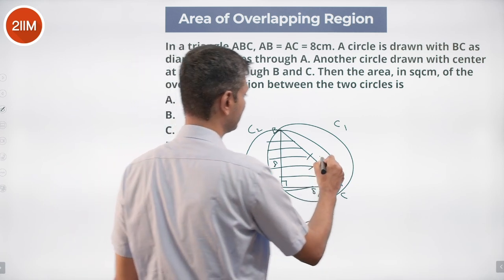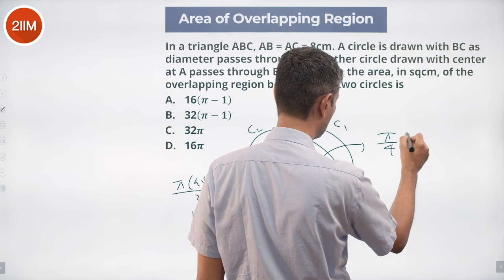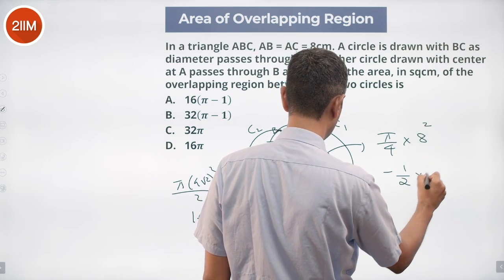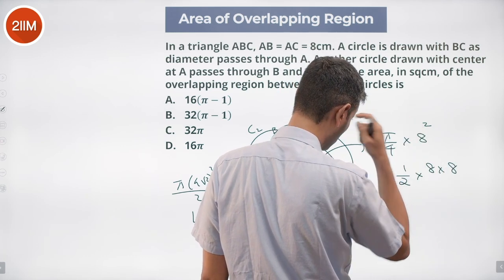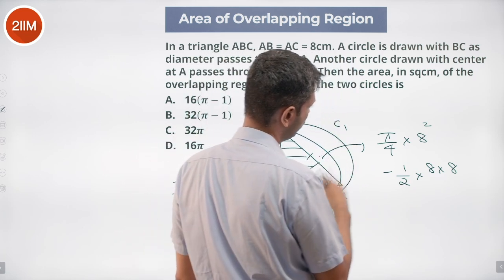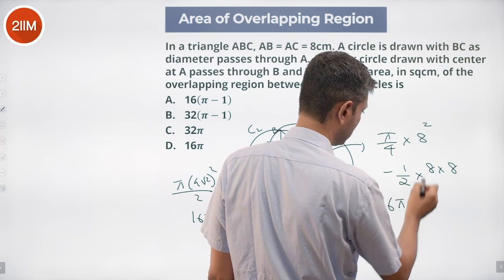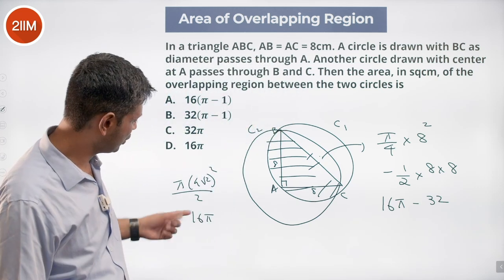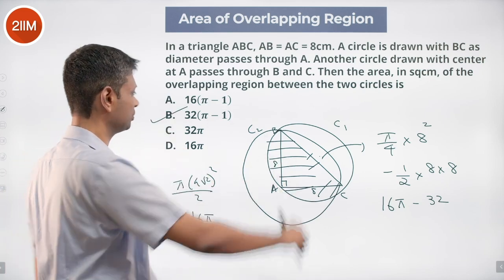Area of sector is 1/4 pi r square, so 1/4 pi into 8 square, minus half into 8 into 8. 8 square is 64. 64 by 4 is 16. 16 pi minus 32. Our sum of this 16 pi plus 16 pi minus 32 is 32 pi minus 32, which is 32 times pi minus 1.